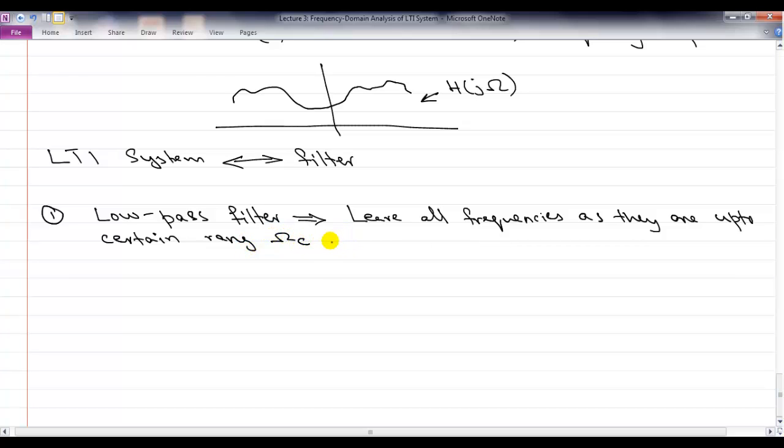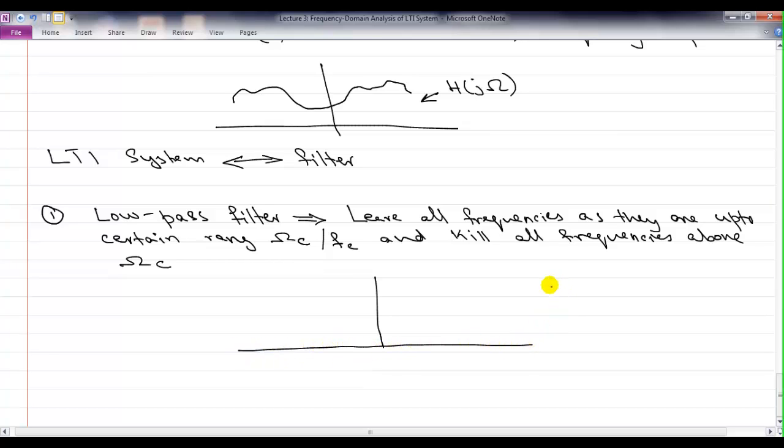Or if you are talking about hertz, then fc. So you could say, I want all frequencies up to 1 kilohertz. And when I say positive frequencies, I'm implying the same for negative, okay? I want all those frequencies as they are and kill all frequencies above omega c.